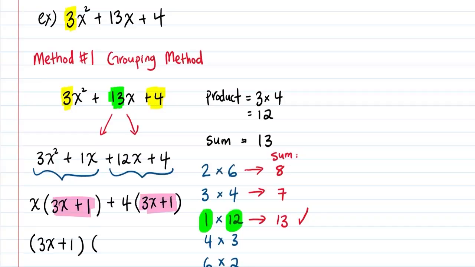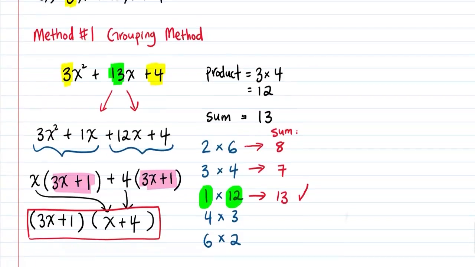Then we're going to make a second set of brackets, and we're just going to write x plus 4. So that's how you get the answer for trinomial factoring using the grouping method. So that's the answer.